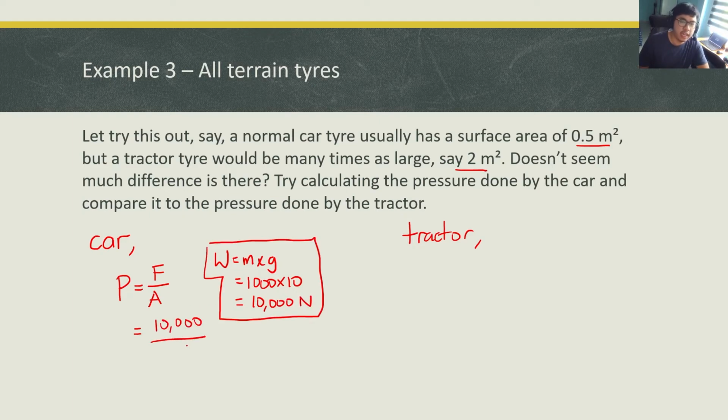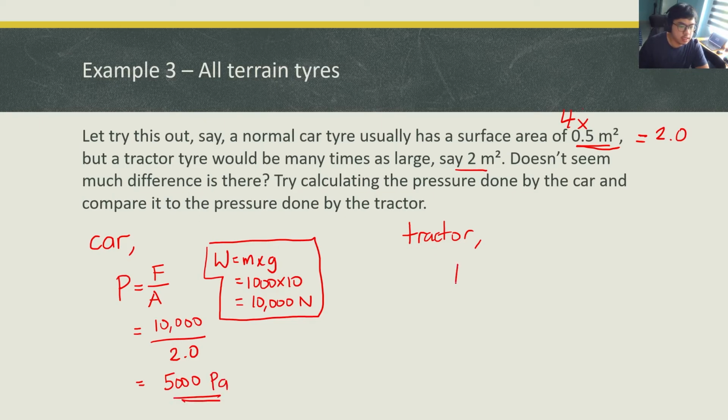What's the total area of the car in contact with the ground? One tire has a surface area of 0.5. One car has 4 tires, so the total surface area in this case is 2.0 meters squared. So divided by 2.0, that's the total area. And that will give us a pressure of 5,000 Pascal for the car.